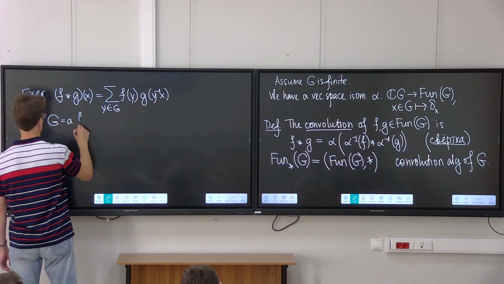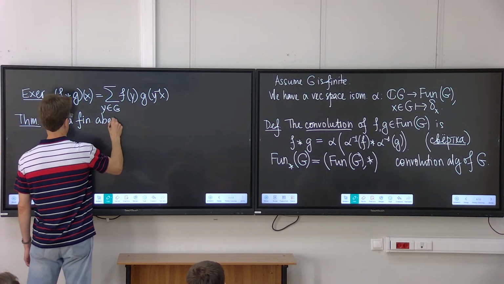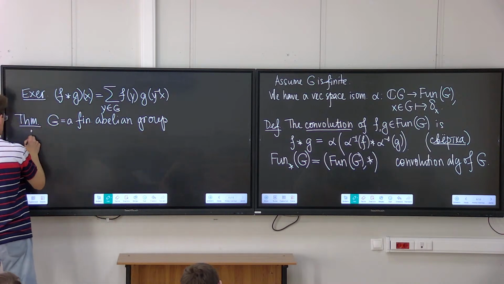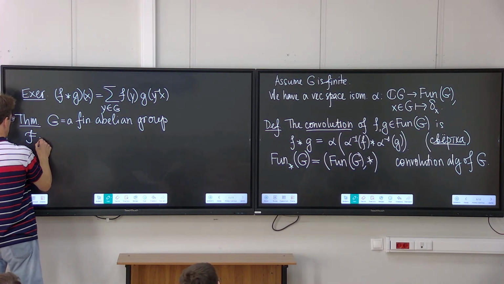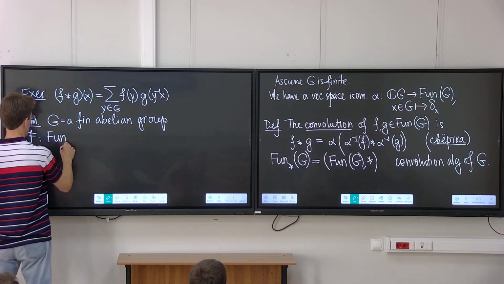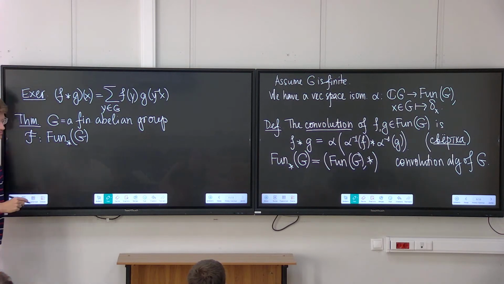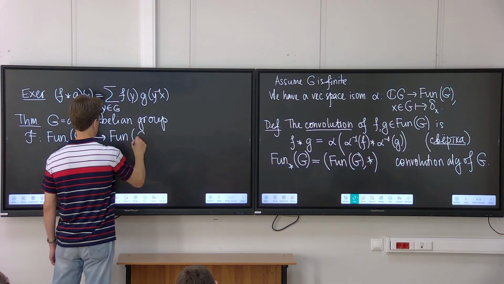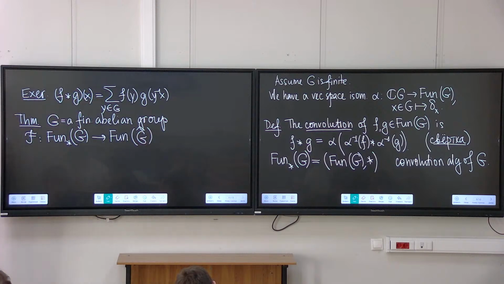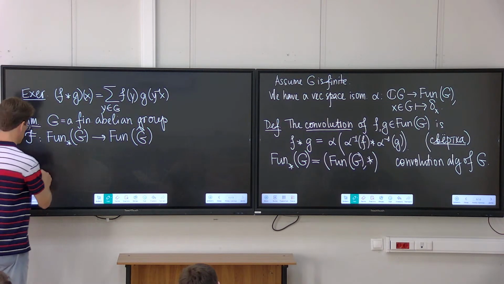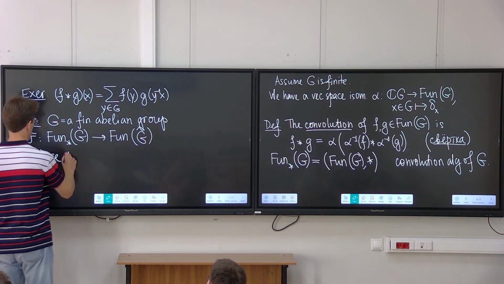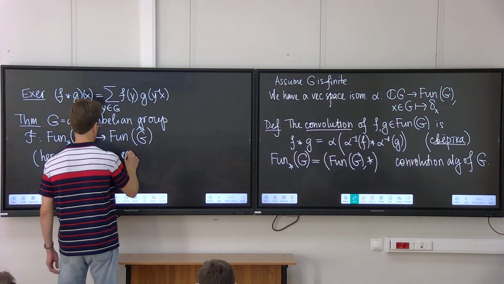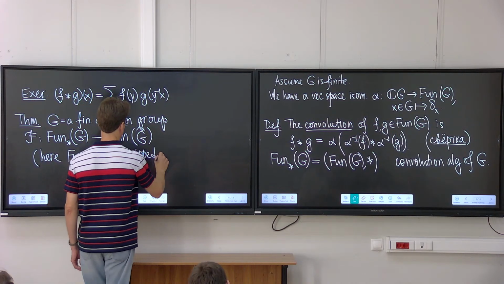Then the Fourier transform of G is an algebra homomorphism from the convolution algebra of G to the algebra of functions on G hat, where the algebra of functions on G hat is equipped with the usual pointwise product.